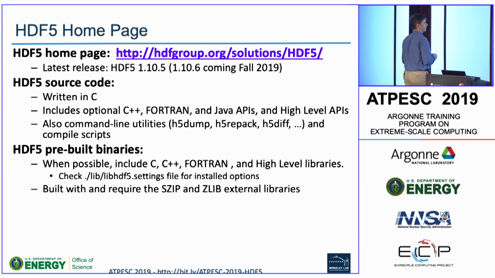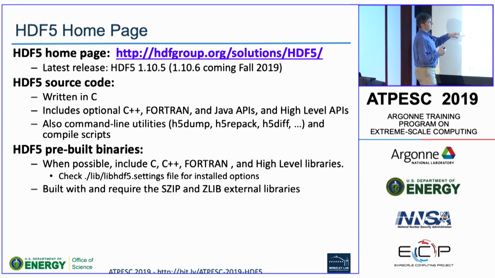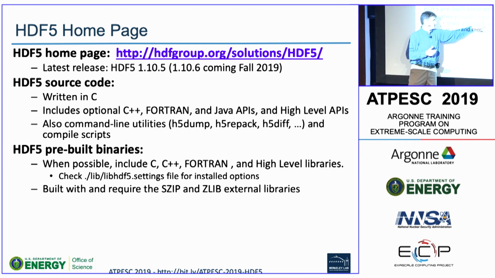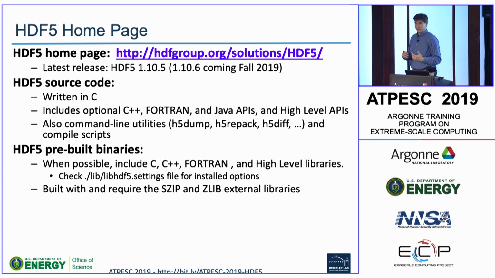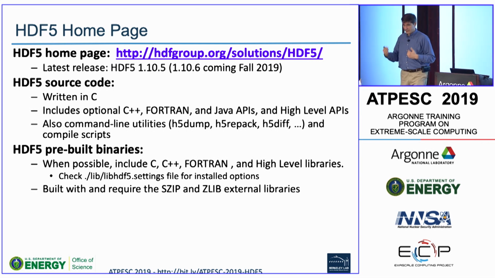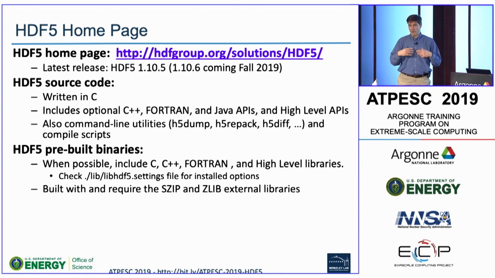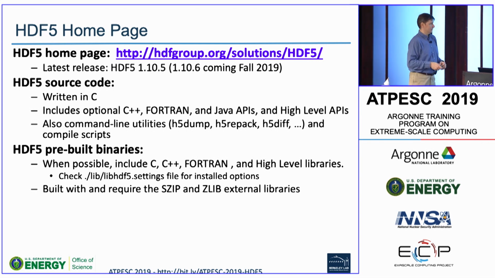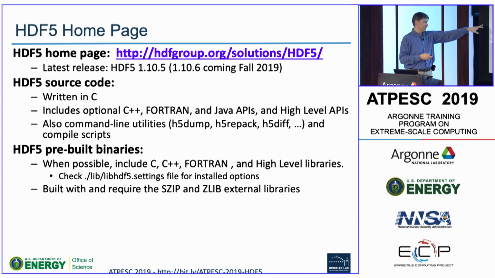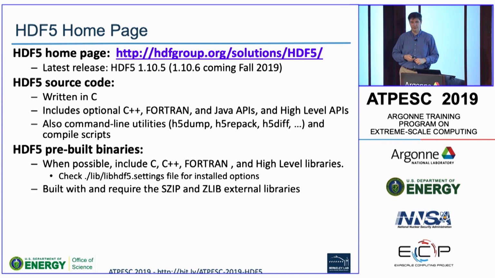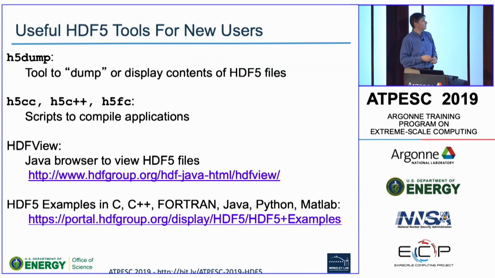If you have a pre-built binary on your system, you can look at the libhdf5 settings file to see what the configuration was for it. Did it include compression method X, or does it have a Fortran wrapper, this kind of thing? Typically, the pre-built ones that you download have a couple of compression methods built into them or require them.